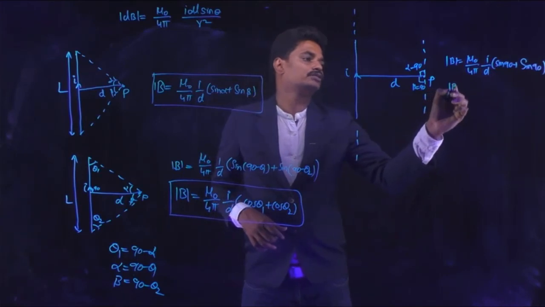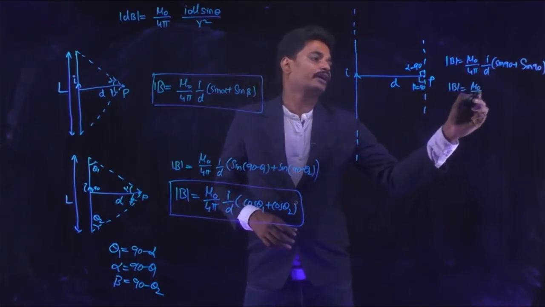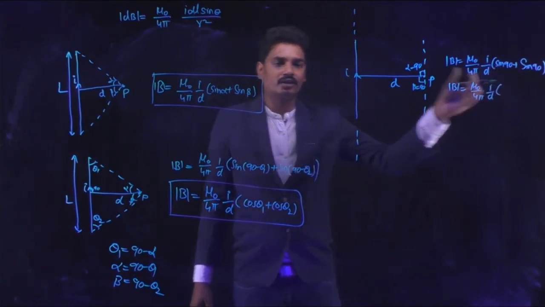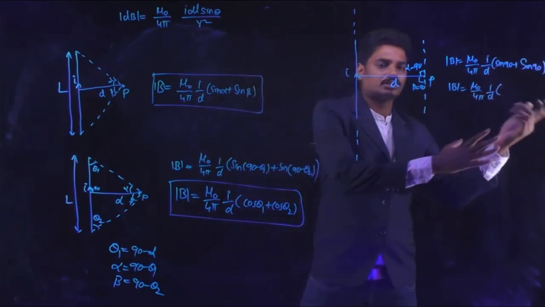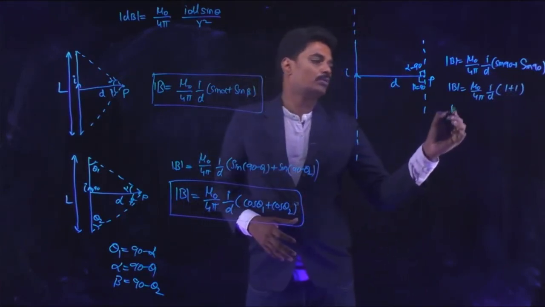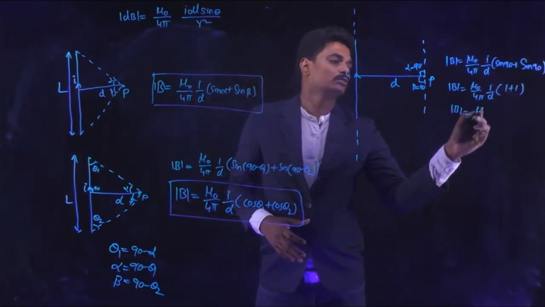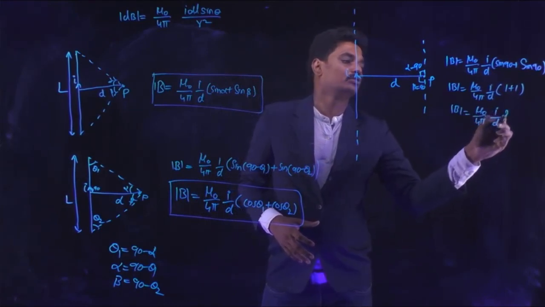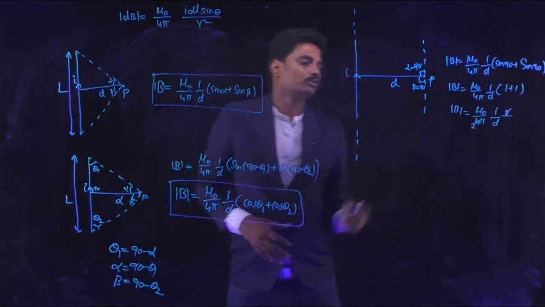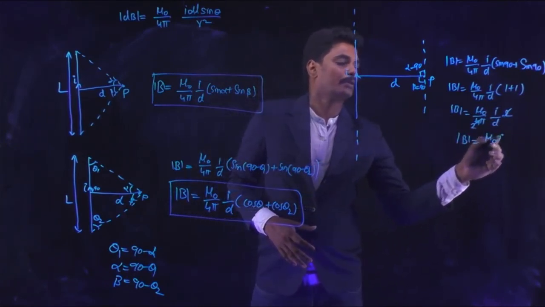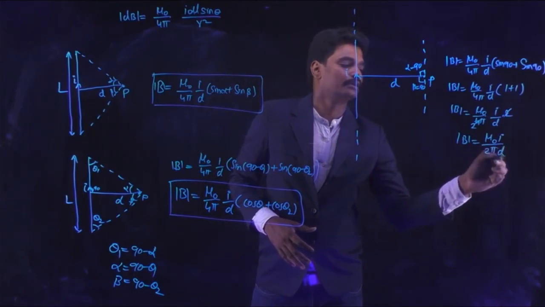Sin 90 is 1, so 1 plus 1 is 2. So mod B is mu naught by 4 pi I by D into 2, which gives B equal to mu naught I by 2 pi D.